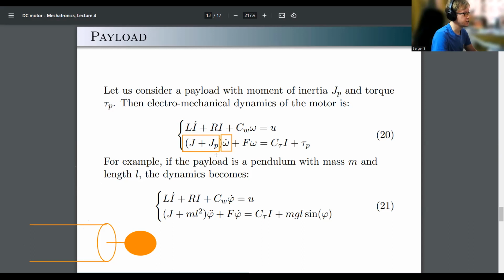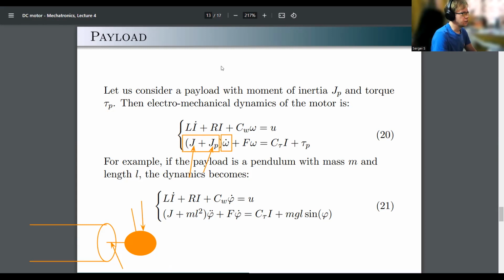We'll understand it better. Okay, but here you can say this is direct summation. All right, good. Indeed, it makes sense if you think of it in this picture, right? If, let's say, J is the moment of inertia of the shaft, and J sub P is the moment of inertia of this payload, then it makes perfect sense. So it will be summed. Right?